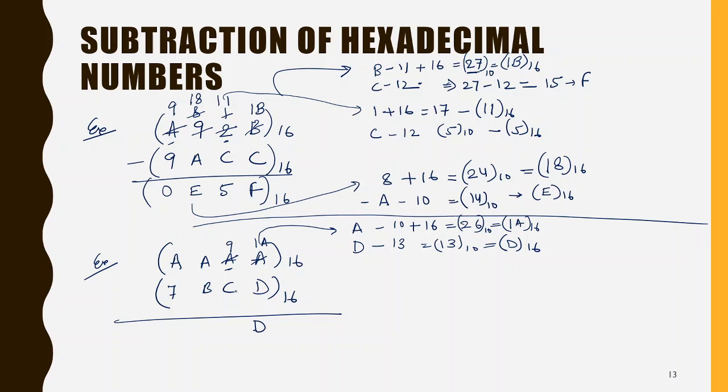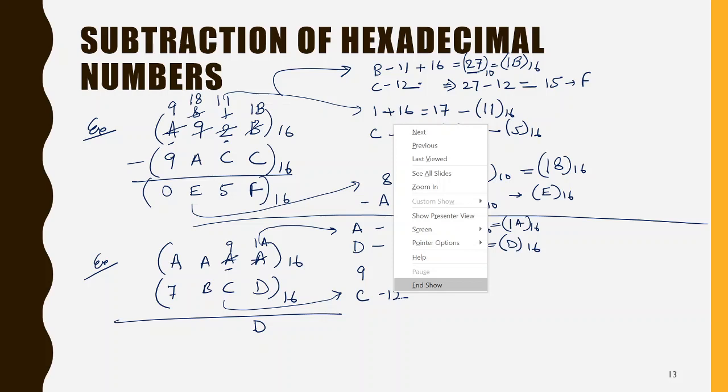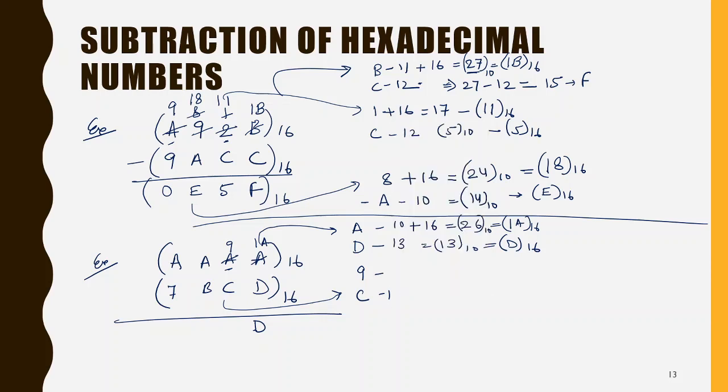Okay, now 9 minus C. I am solving this particular digit. So it is 9 and C. C is 12.